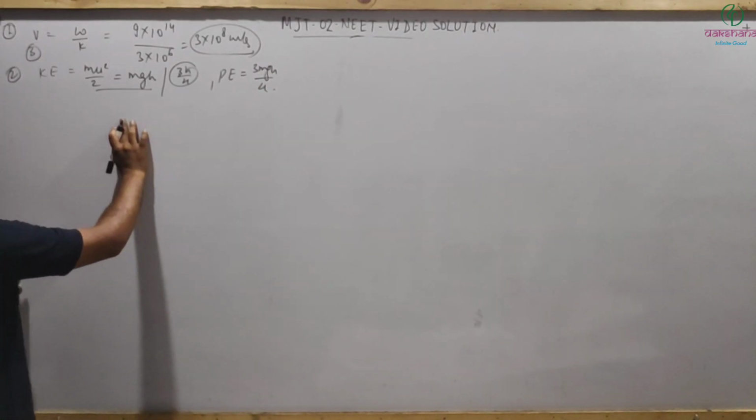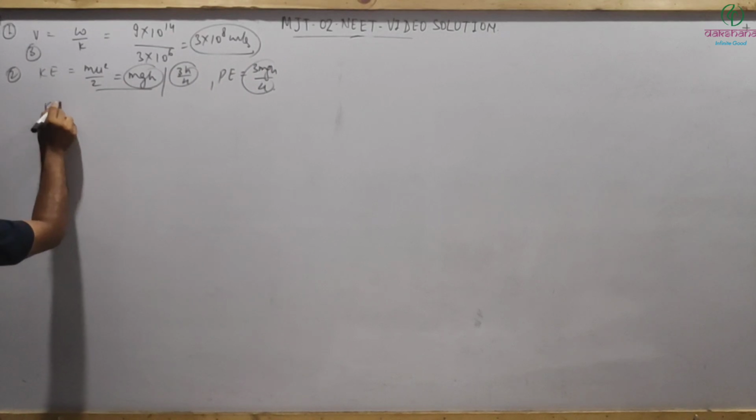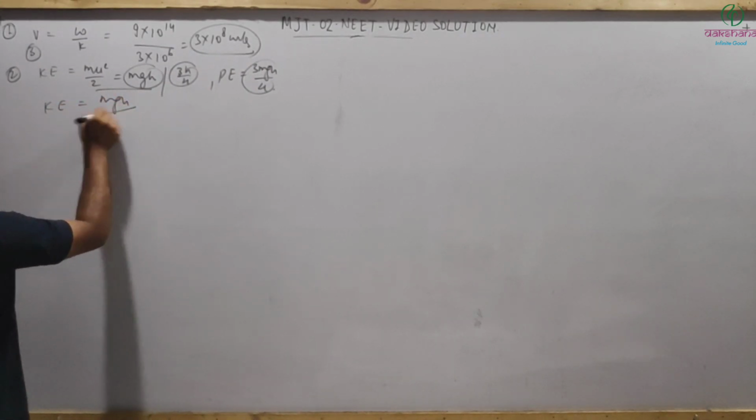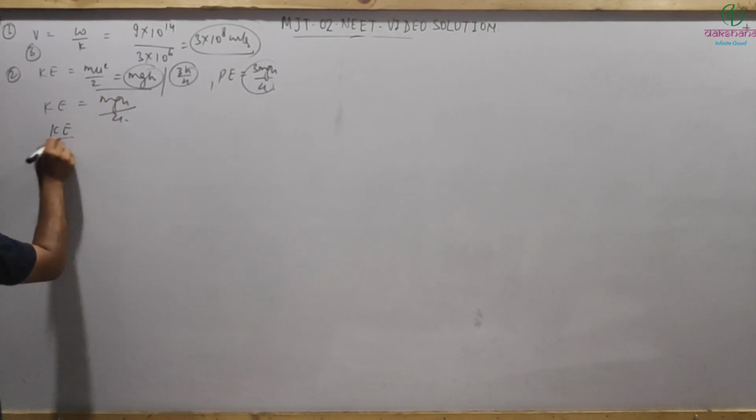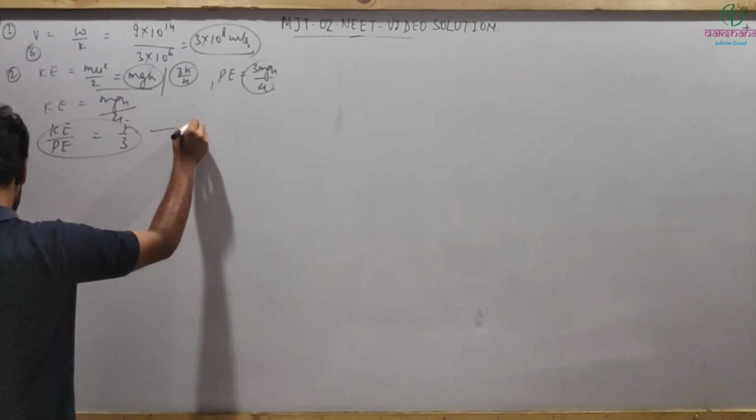By conservation of total energy, the kinetic energy will be simply mgh by 4. Then the ratio of kinetic energy to potential energy will be simply 1 by 3, matching with option number 3.